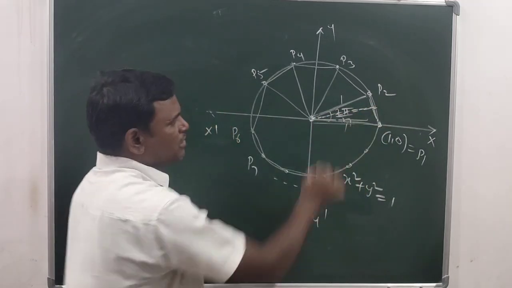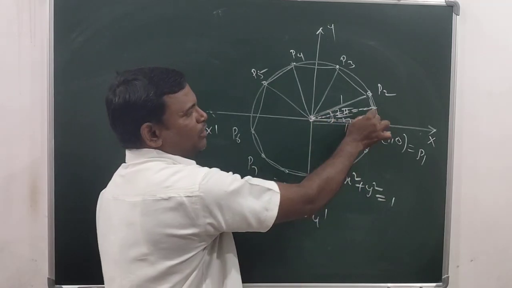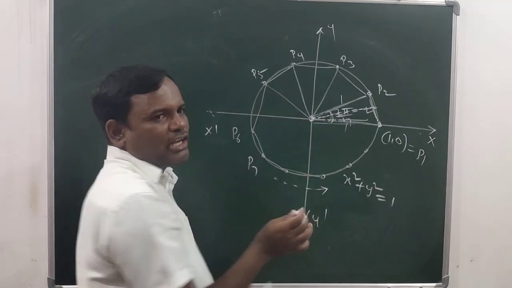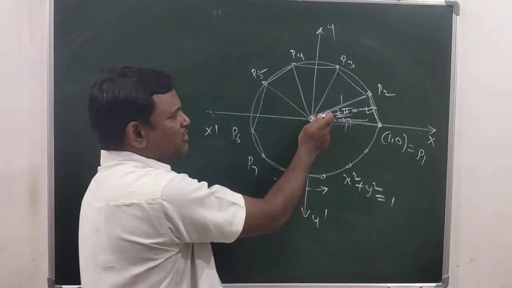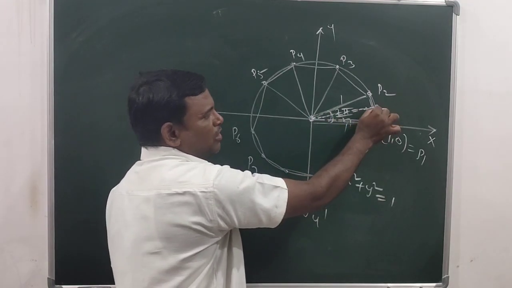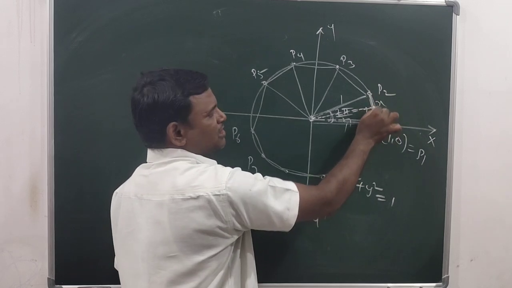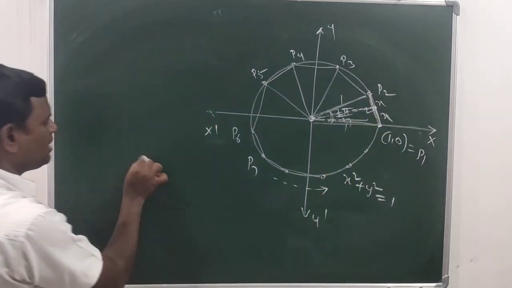Okay students, this total angle is 2 pi by n, and this altitude will divide this angle into two equal halves. Then each one is pi by n, pi by n. Now let us take this length as x, and this length will also be x because this is the midpoint. Now take this triangle and write sine pi by n.